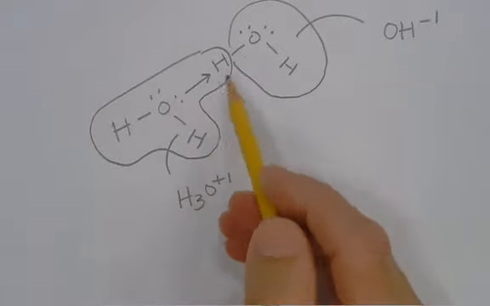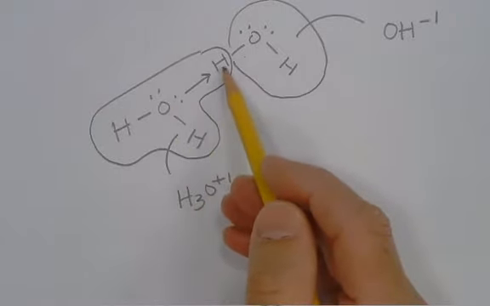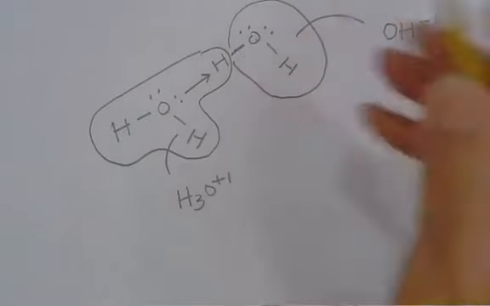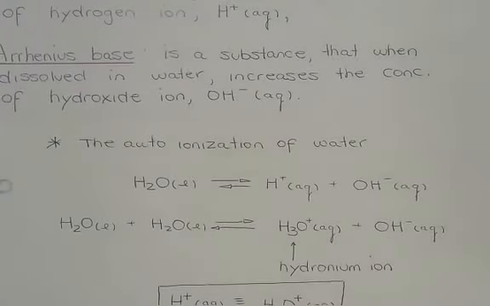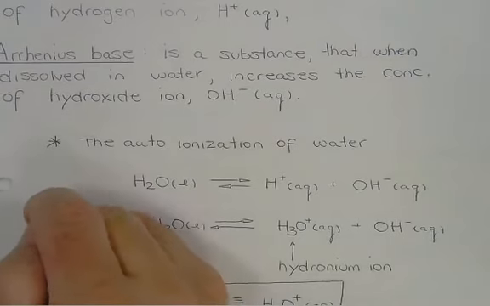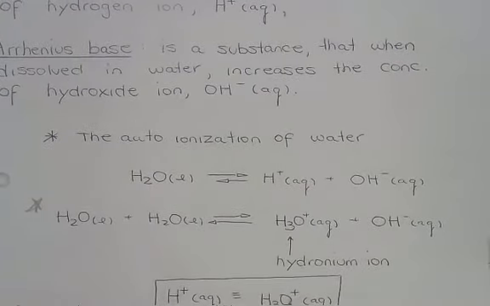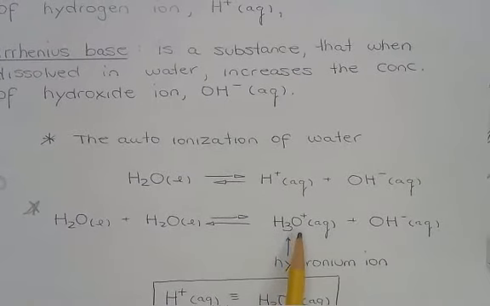One water molecule smashes into another and removes its hydrogen ion, the H without any of the electrons. See these two electrons back here in this bond? They stay behind. Okay, so this is probably the better way to look at it. Two water molecules smack into each other to make H3O plus and OH minus.